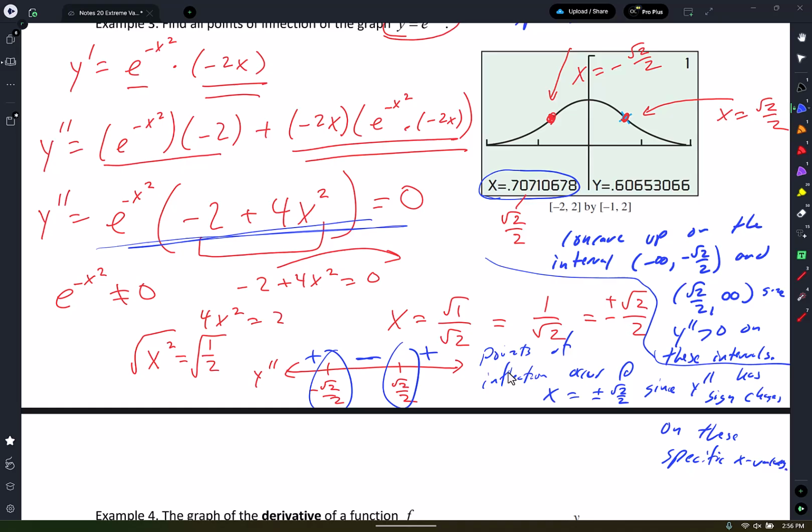Okay, let me read the answer to you guys. Points of inflection occur at x equals positive or negative square root of 2 over 2, since y prime prime has sign changes on these specific x values. Perfect.